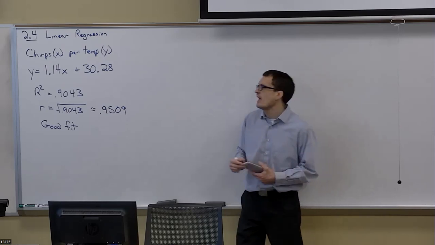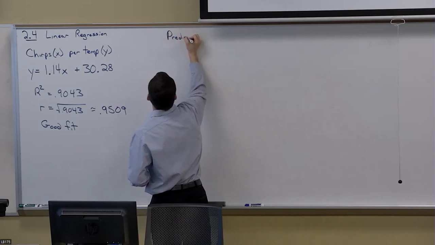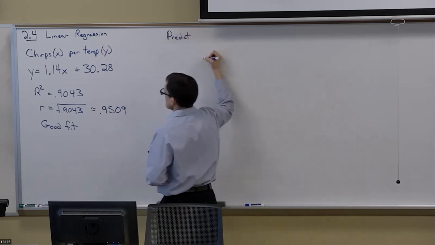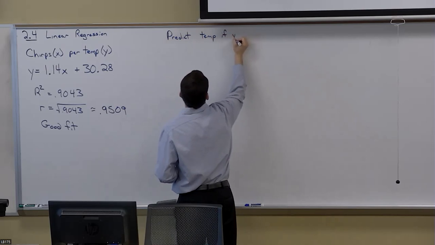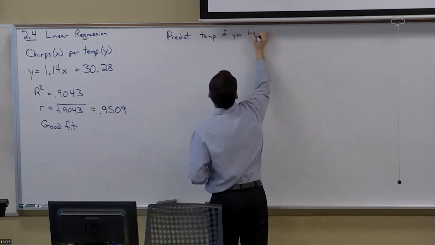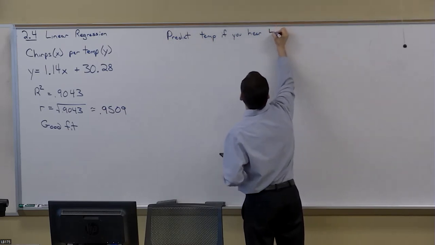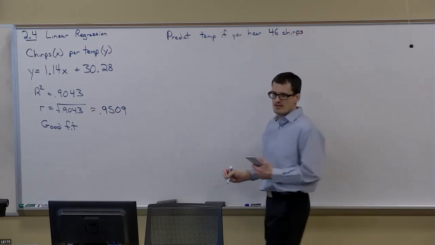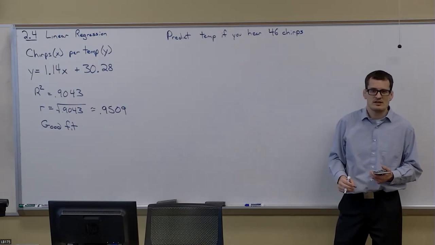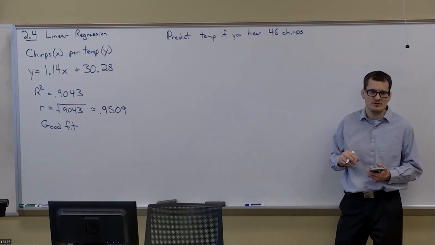All right. And if you wanted to predict the temperature, let's say you hear 46 chirps. I think this was per minute or something like that. Is that right? I can't remember. Per hour, per some time unit.